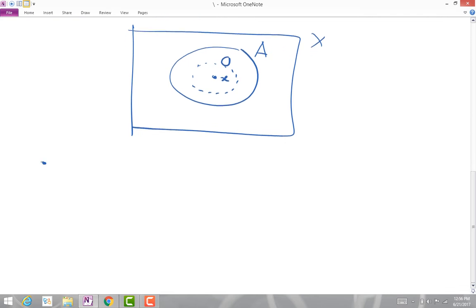And if I collect all these interior points, we call it the interior of the set.